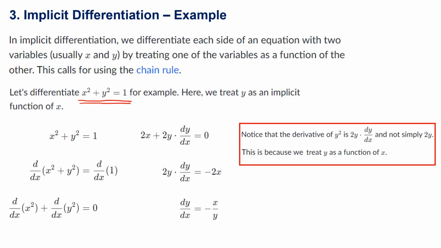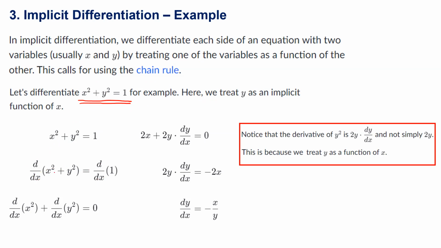Then we can differentiate both sides with respect to x. So for the left side, we differentiate x squared plus y squared with respect to x, that is d(x squared plus y squared)/dx, equals the right side, also differentiated: d(1)/dx.